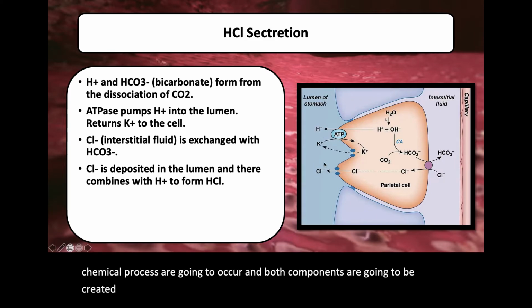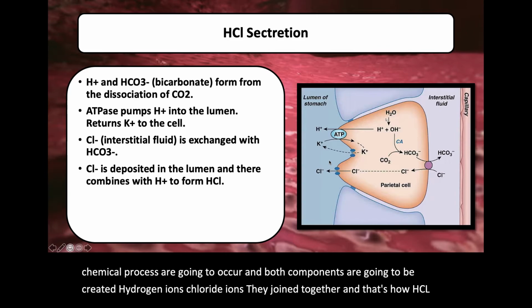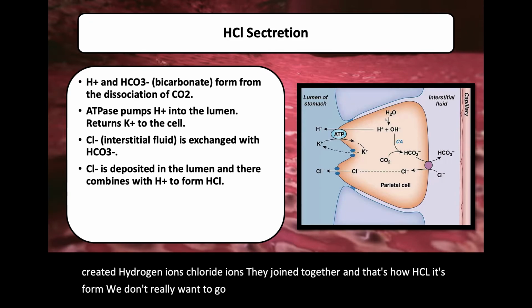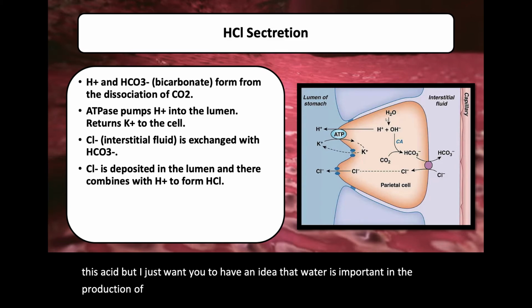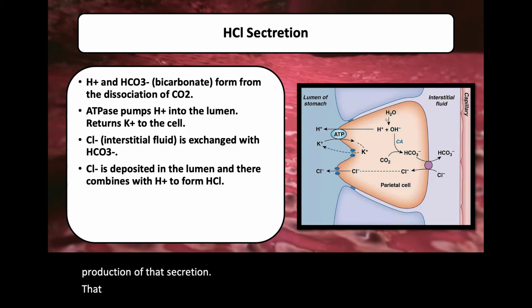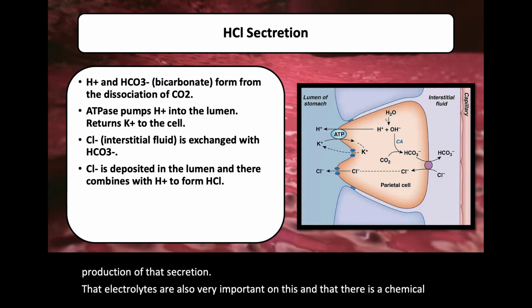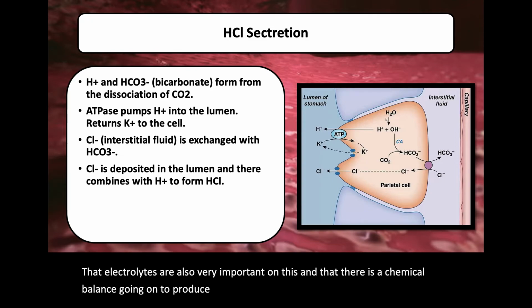Hydrogen ions and chloride ions join together, and that's how HCl is formed. We don't really want to go into a lot of depth about the production of this acid, but I just want you to have an idea that water is important in the production of that secretion, that electrolytes are also very important, and that there is a chemical balance going on to produce these HCl secretions.